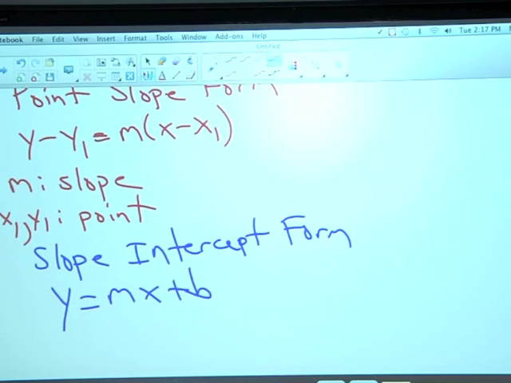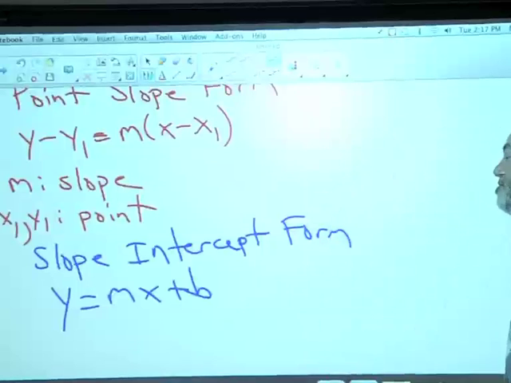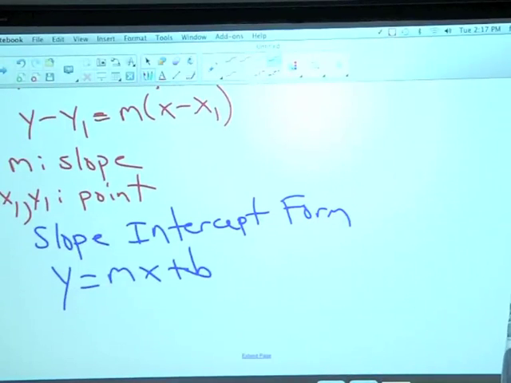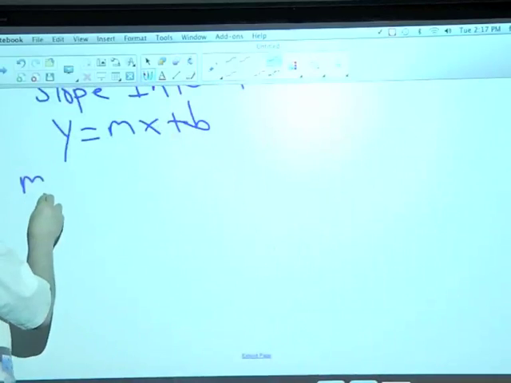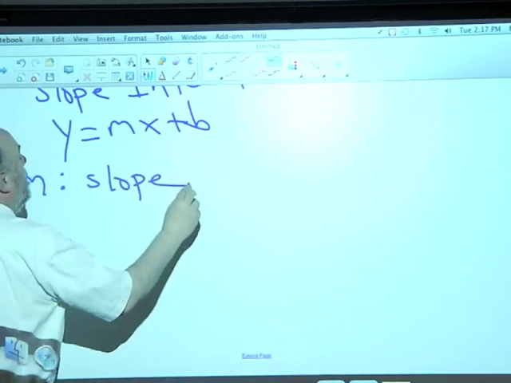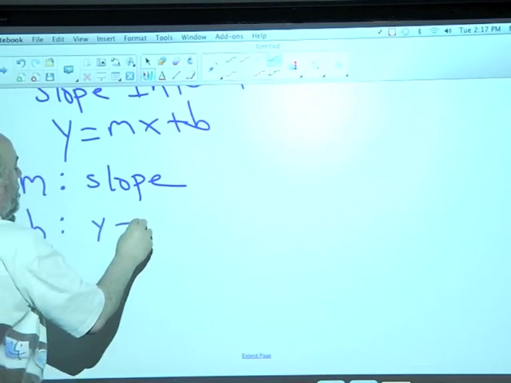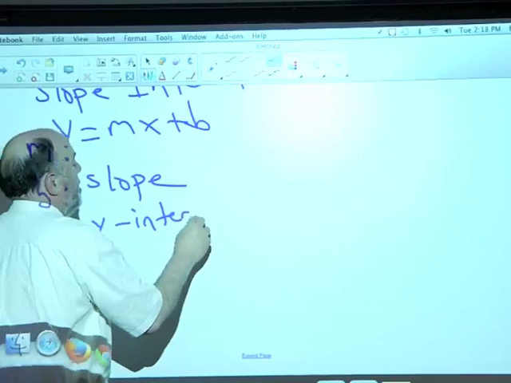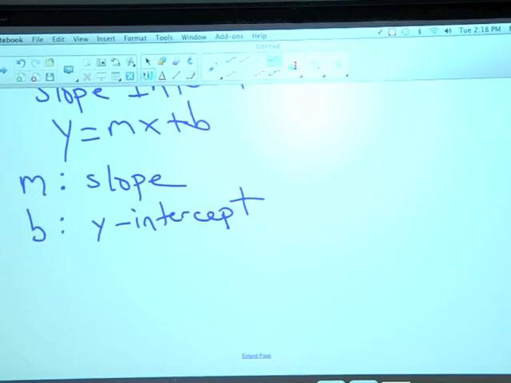Y equals mx plus b. So when the equation is in this form, again, m will be the slope, and b is the y intercept. Okay.